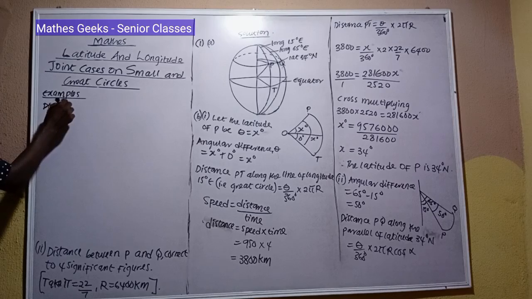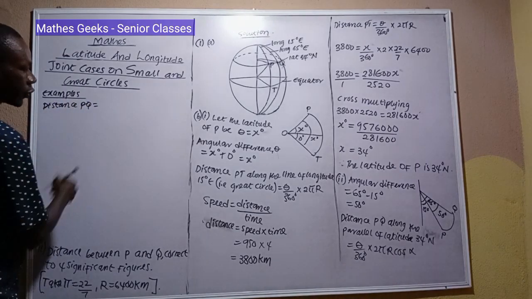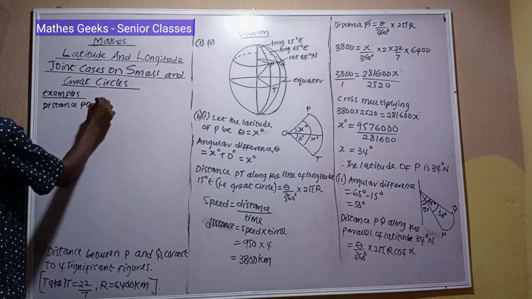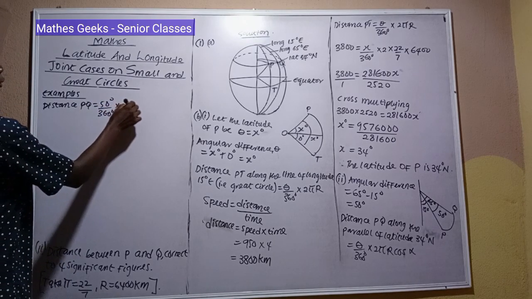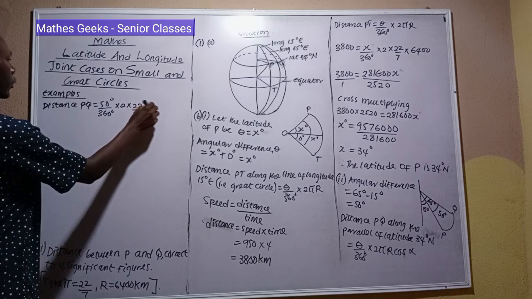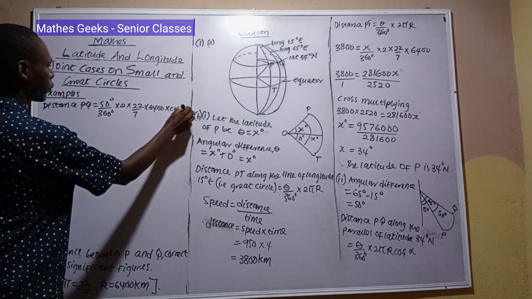Distance PQ is equal to, theta, angular difference is 50 degrees over 360 degrees times 2 times 22 over 7 times 6,400 times cos 34 degrees.